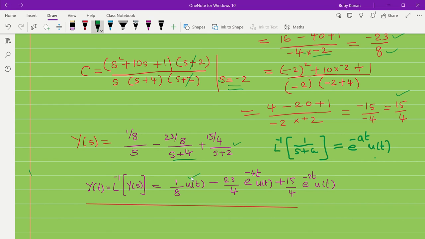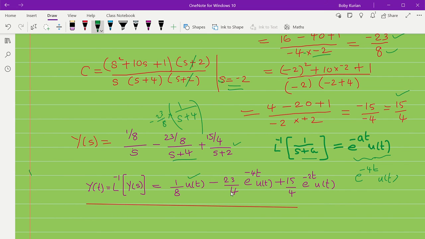The second term is minus 23 by 8 into 1 by s plus 4. The inverse of 1 by s plus a is e power minus at into u of t, so for 1 by s plus 4 it is e power minus 4t u of t.